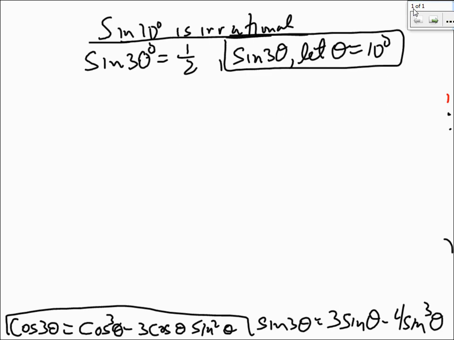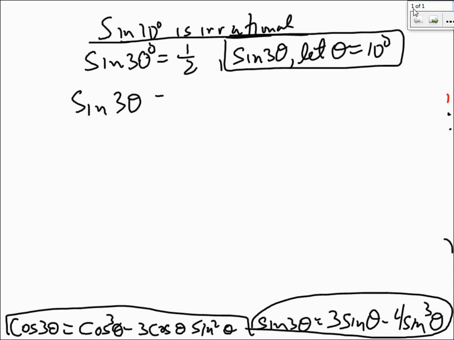Okay? So using this formula down here, we know that the sine of 3 theta is equal to 3 sine theta minus 4 sine cubed theta.